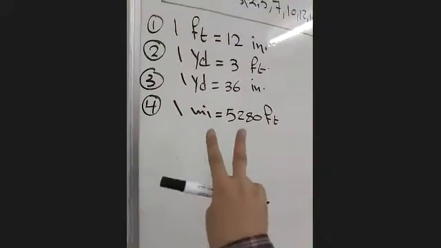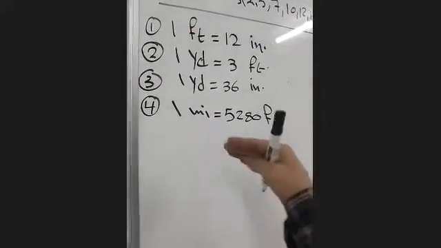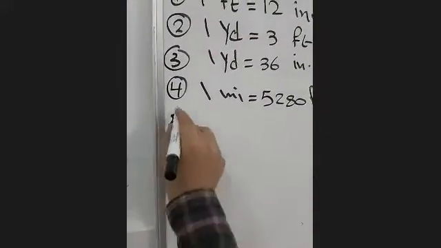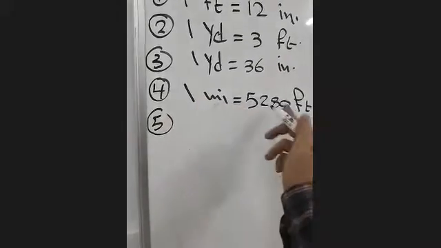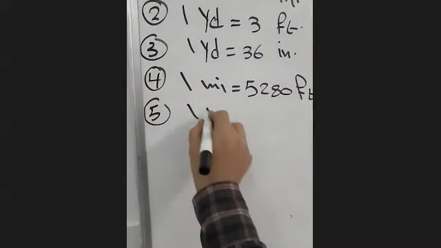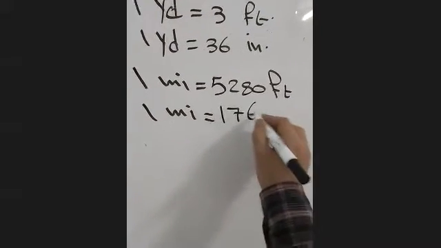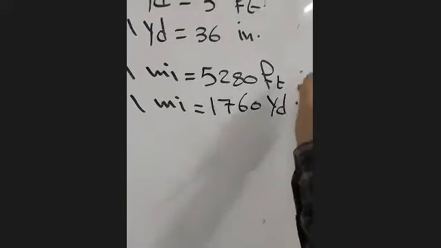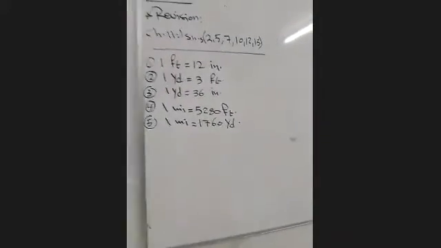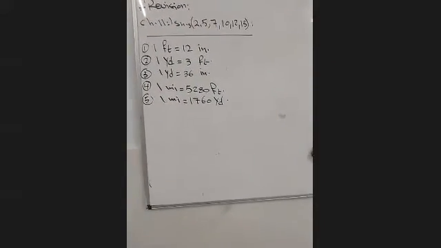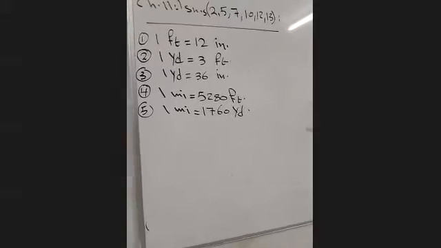And here also we have two relations, so I separate them, 4 and 5. 1 mile with feet and 1 mile with yards. 1,760 yards. These are in lesson 2. Copy them on extra paper so you make it easy for you.